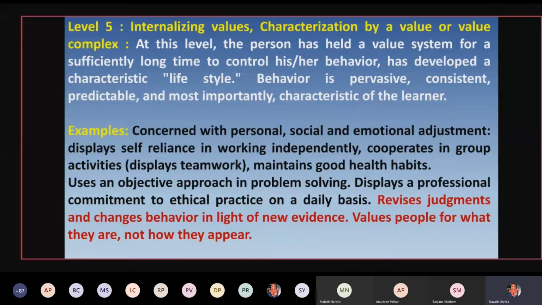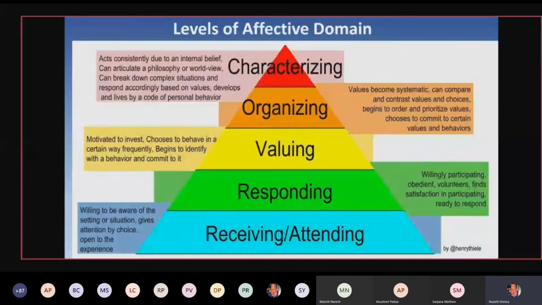Now, moving back, we'll just have a recap of all the levels of the affective domain. Receiving. So willing to be aware of the situations, or by just being in the class, the student is willing to be receiving. So by default, we'll be at this level, level 1.